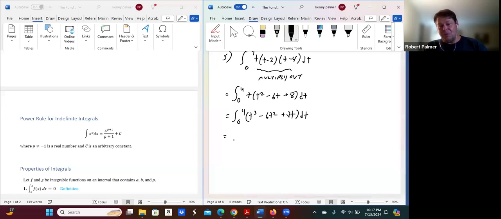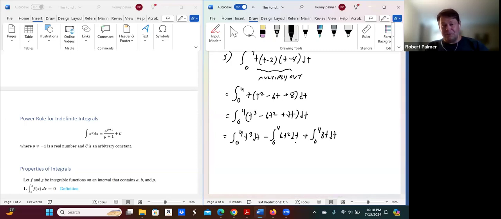Okay, so let's break this up into 3 integrals. So from 0 to 4, t cubed dt, don't forget the dt's, minus the integral from 0 to 4, also have the same bounds and everything, of 6t squared dt, okay, plus, since we have a plus right here, an integral from 0 to 4 of 8t dt.